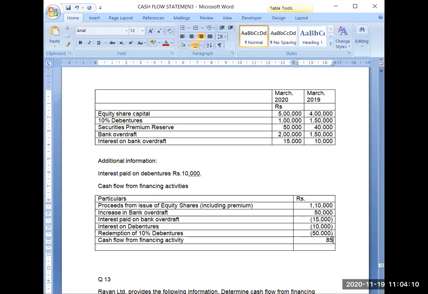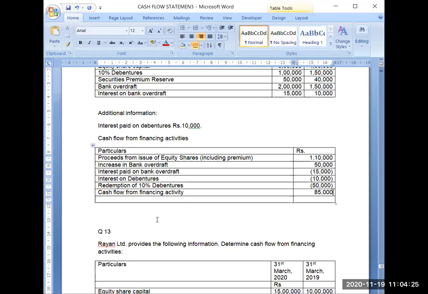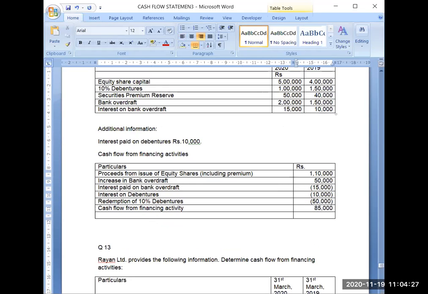So the answer will be 85,000. Net we have received 85,000 from financing activity. Some are inflows, some are outflows, but the net effect is that finally we have received 85,000 from financing activity. I hope this point is clear.